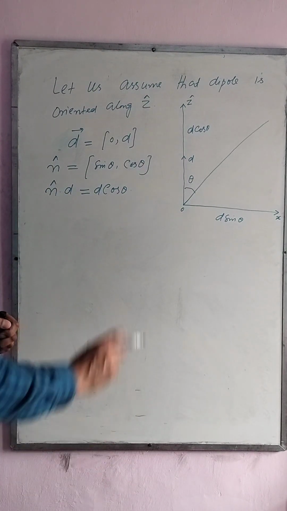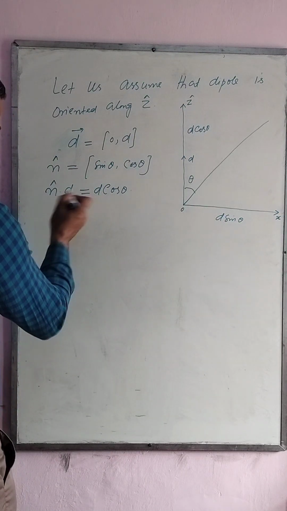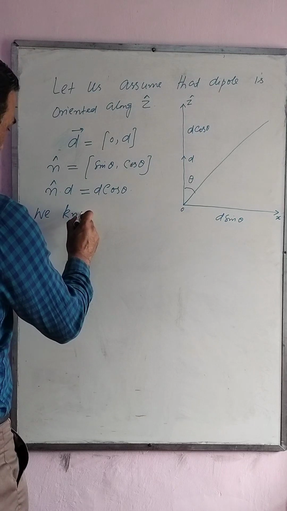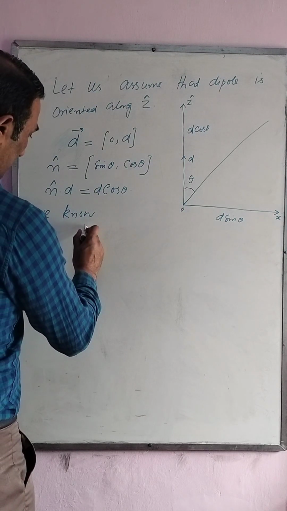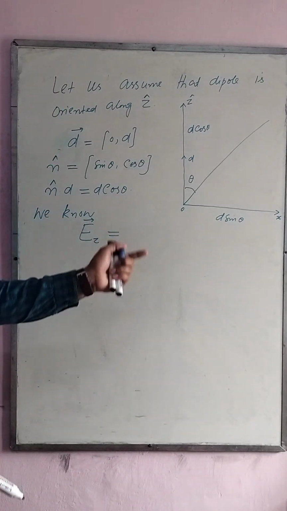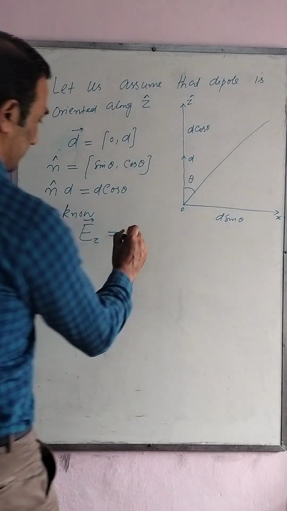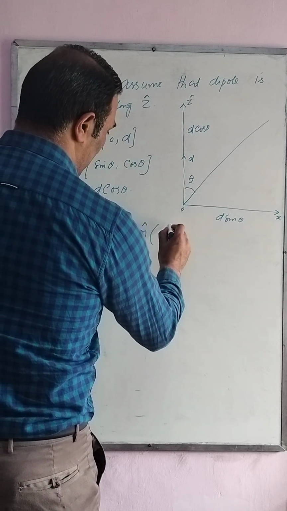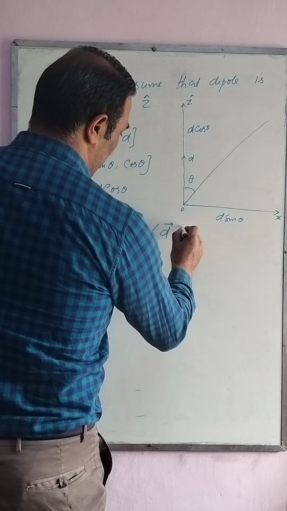Okay. Now let's calculate the electric field intensity. So we already know that E of z, so that is equal to, from our earlier expression, 3 n cap d dot n cap.